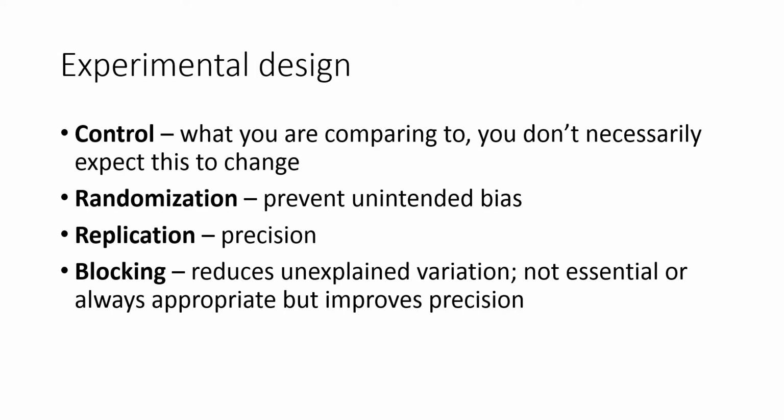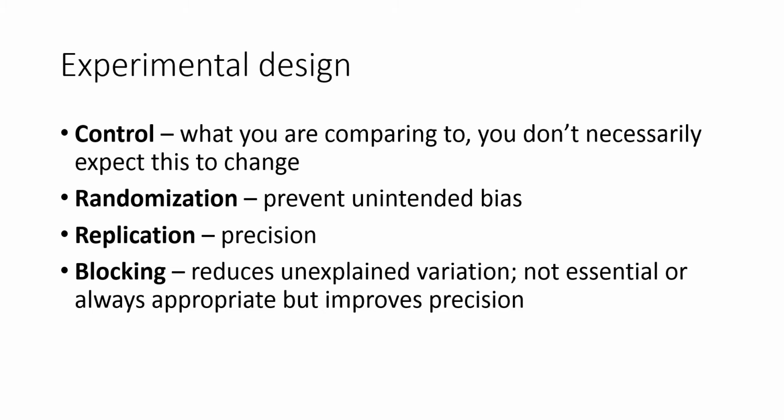Okay, so experimental design. The most important thing about experimental design, I would say, is a control, and choosing an adequate control. There's a good description of that in the Carbon book. The control is really what you're comparing something to.